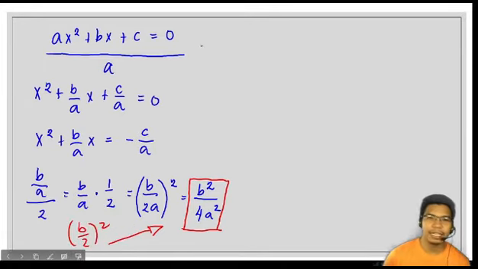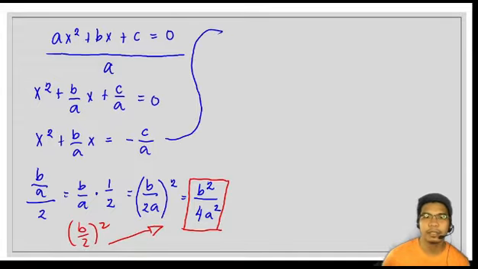So, tingnan natin. So, magiging x squared plus b over a x. Tapos add natin yung nakuha natin. Ito.